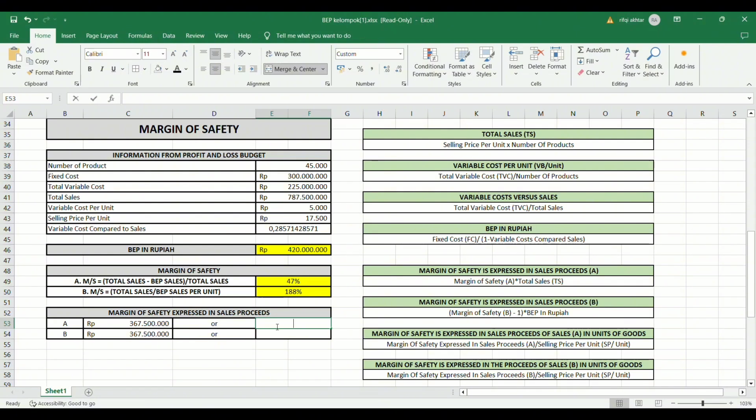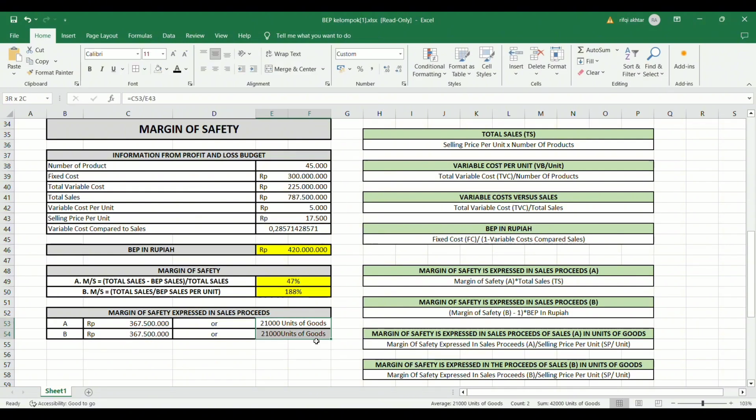Okay, next this column equal margin of safety expressed in sales process A divided by selling price per unit and then enter. Equal margin of safety expressed in sales process B divided by selling price per unit and then enter.